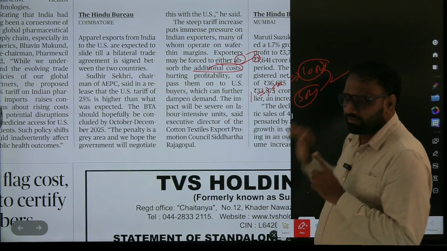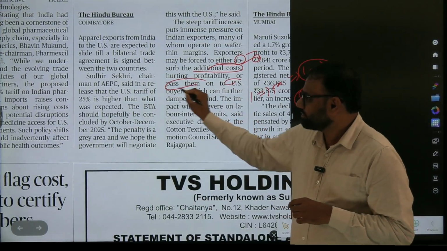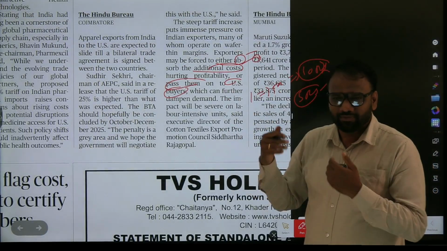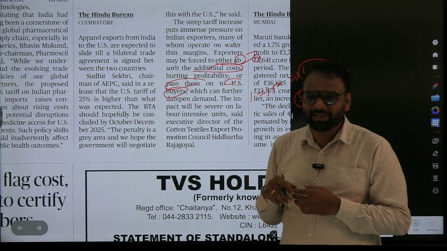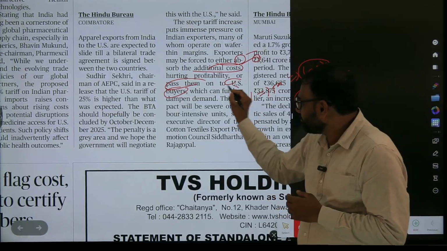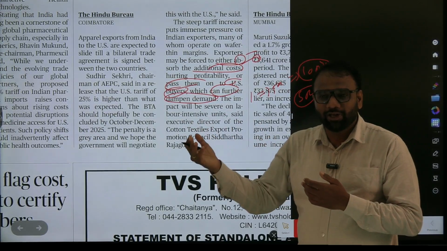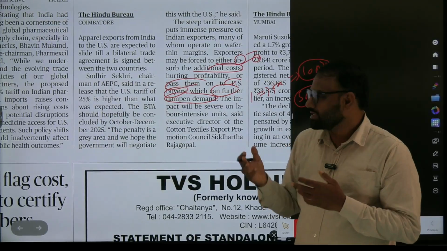The other option is to pass them to US buyers, making the tablet itself costlier in the USA, so the tax is passed to the people who consume the medicines. But that can further dampen demand. Gradually, those people may not be interested in buying medicines from India. So both sides are discussed.